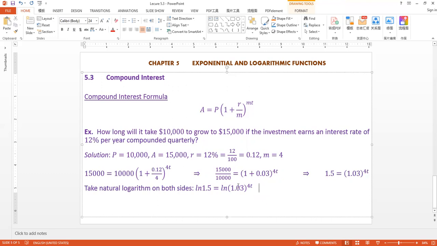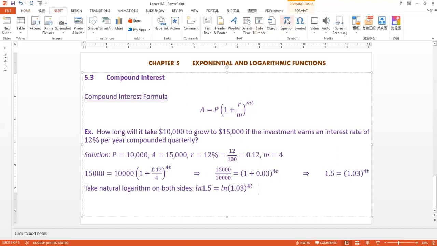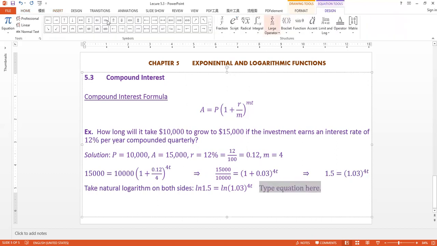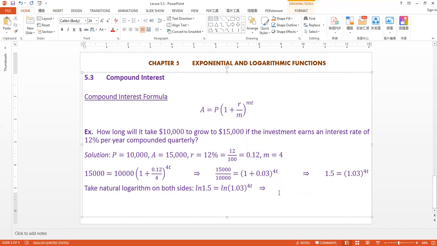Again, we can use the properties of logarithms to rewrite the equation. The left hand side is just ln 1.5. The right hand side will be 4T times ln 1.03.